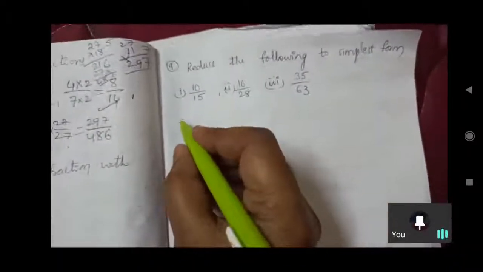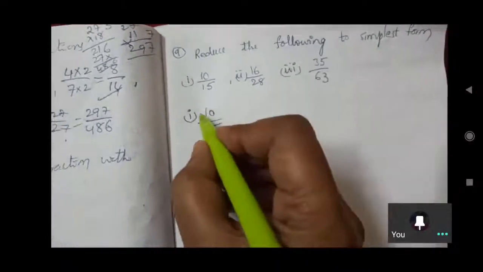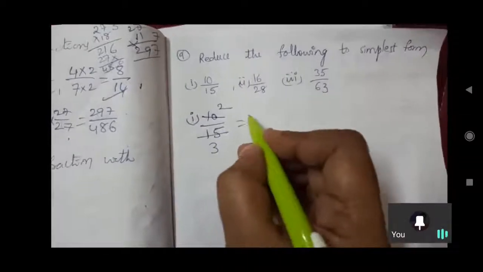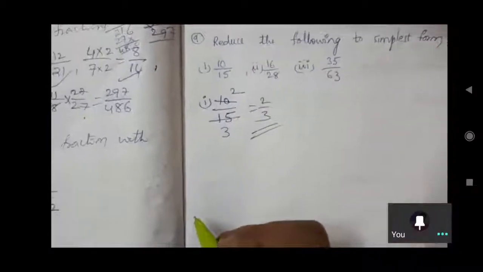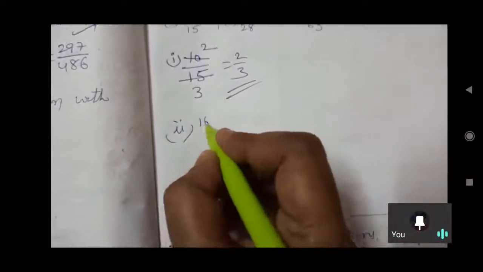Next method, Nana. Next bit, 9th bit. In this, the first one is 10 by 15. This is just simple cancellation we can do. So 5 2s are 10, 5 3s are 15. 2 by 3 we can get. So this is the simplest form. And the second one, 16 by 28.